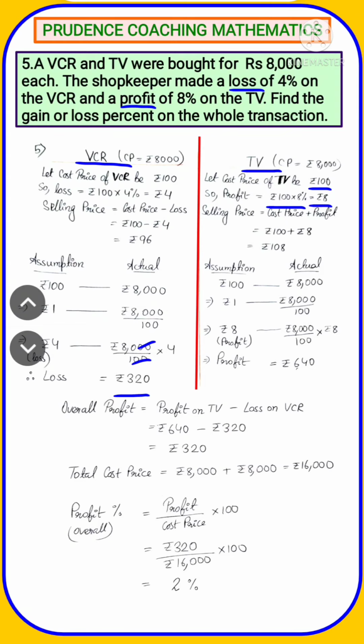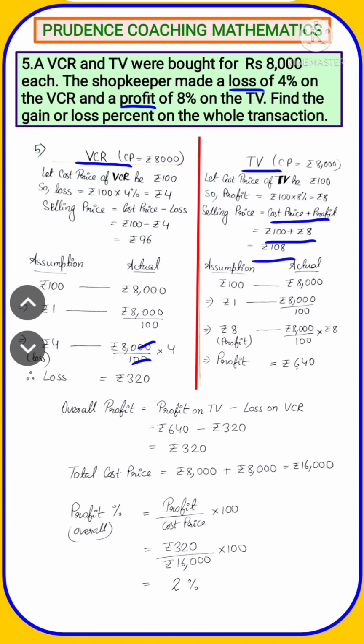You will get rupees 8 as your profit. So the selling price will be here cost price plus profit, because whenever there is a profit, CP is less than SP, or you can say selling price is more than CP, therefore it is profit. So selling price will be the cost price plus rupees 8, that is the profit.